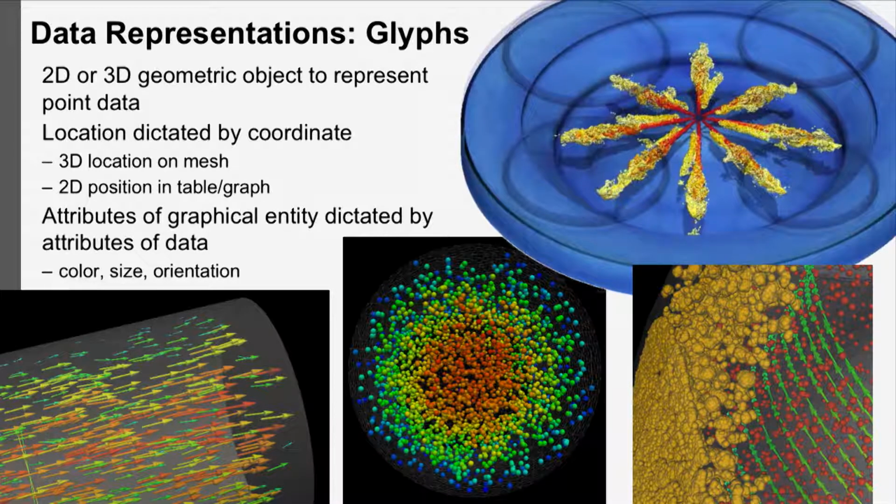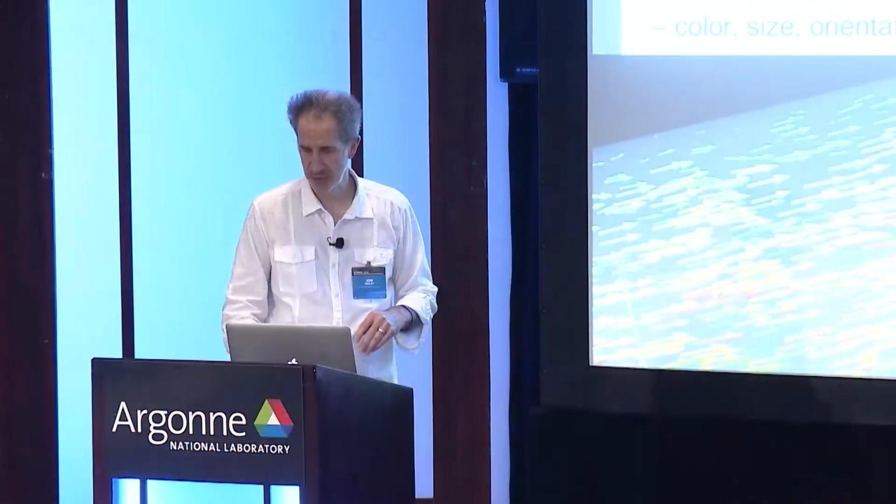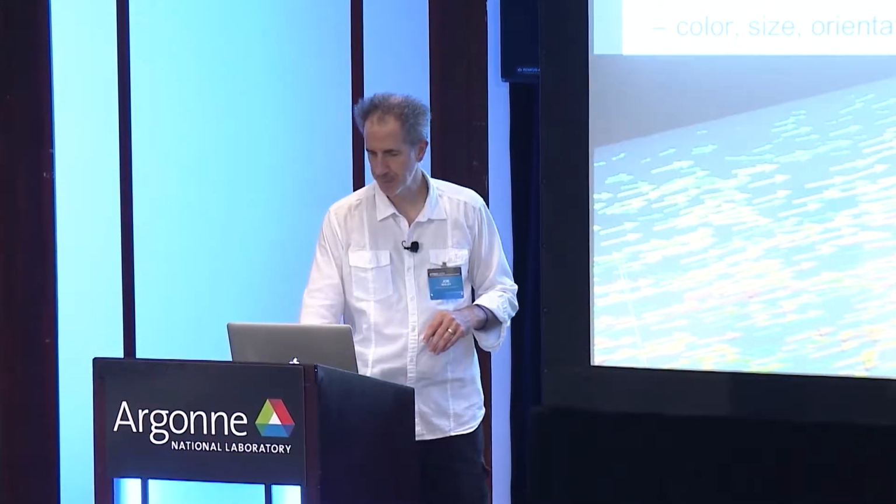This is looking down a tube of particles moving through a tube, and the ones on the outside are moving slower, the ones in the center are moving faster. And then again, based on attributes, you can color them by different types, like in that final example on the right there.